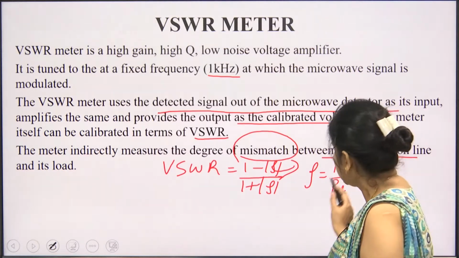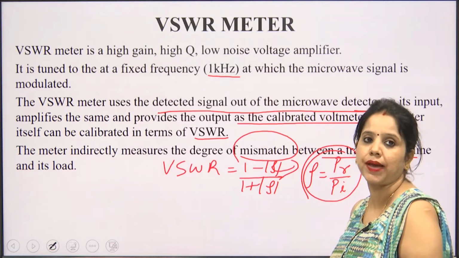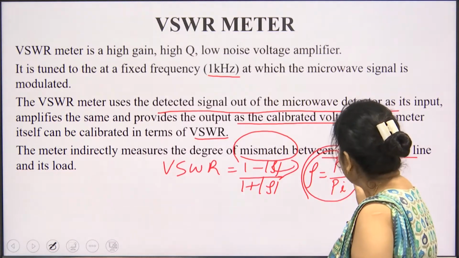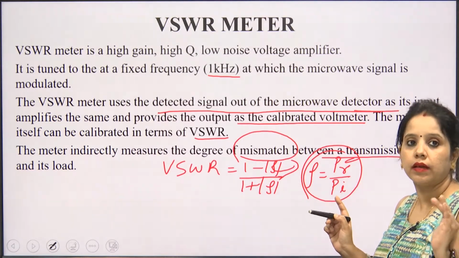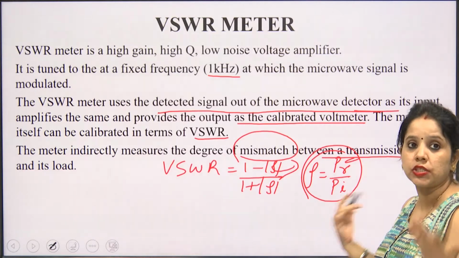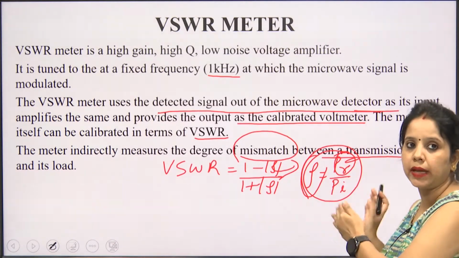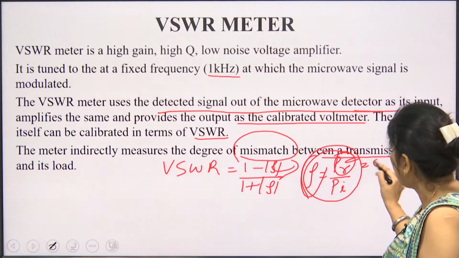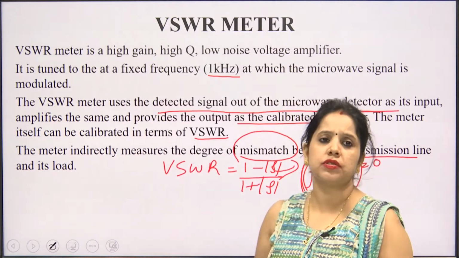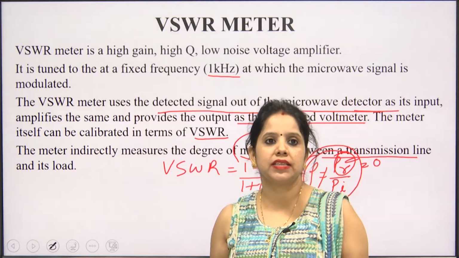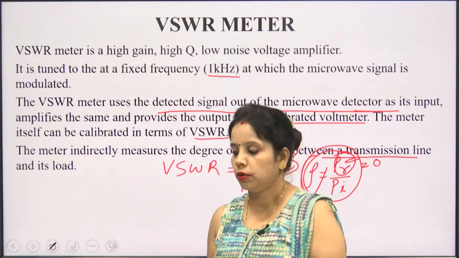That is why it is directly related to the reflection coefficient, which shows the mismatch occurring. Power reflection occurs only when there is a mismatch between the load and the input source. If there is no mismatch, all power gets absorbed and the reflected power is 0. That is why we always say that VSWR shows the degree of mismatch between the transmission line and its load.